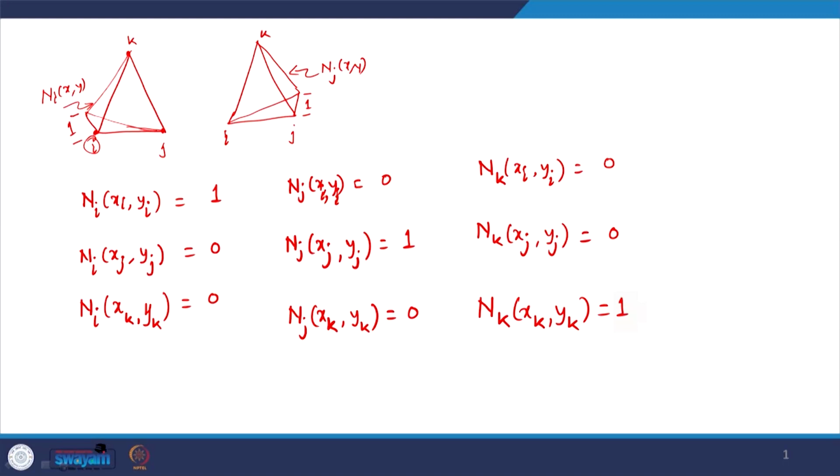So, there are three conditions for n I. That means I have three constraints to define n I, and n I has to be a first degree polynomial, because the variation n I defines the variation of displacements u and v, n I, n j, n k together, these three for a 3 node triangular element, right.